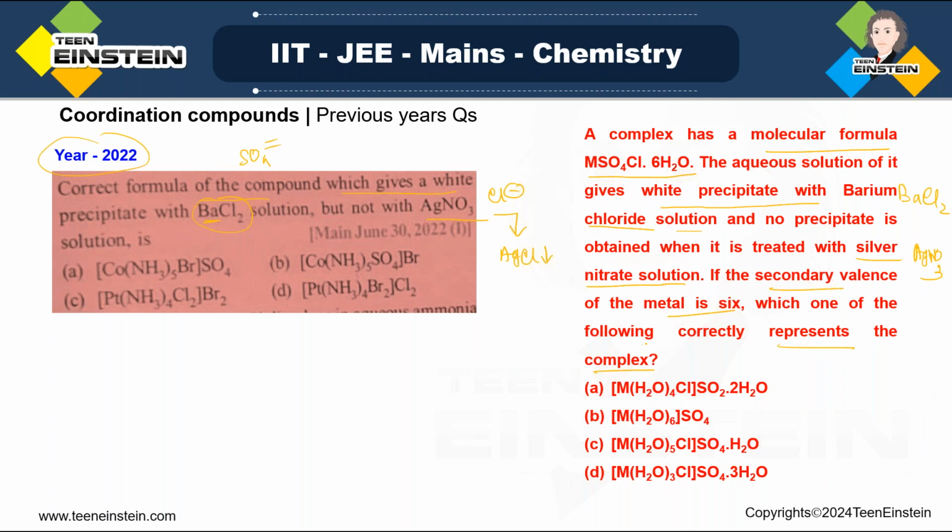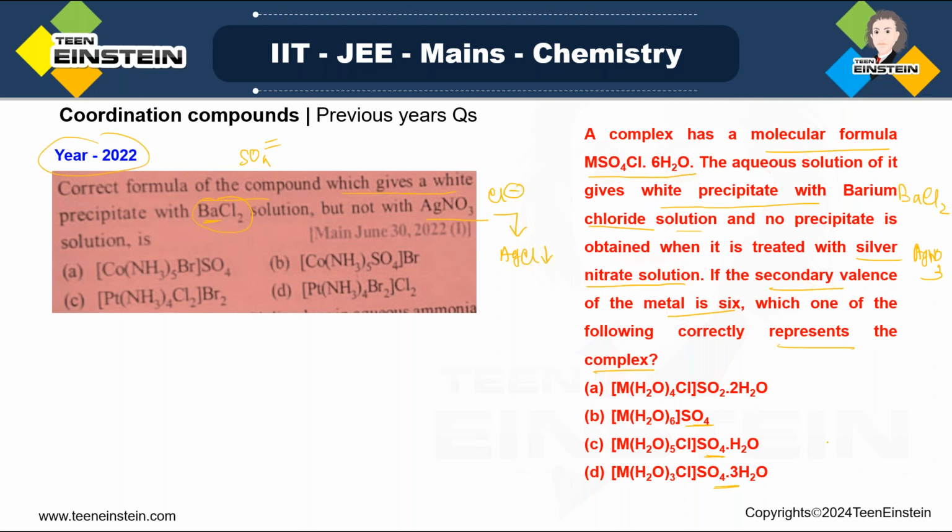As there is no free Cl, but there is free SO4, that means SO4 should be outside the coordination sphere. Now if SO4 is outside the coordination sphere, you can have that in this complex, right? Here we have a total, look at the formula, of 1 sulfate, 1 chlorine, and 6 water.